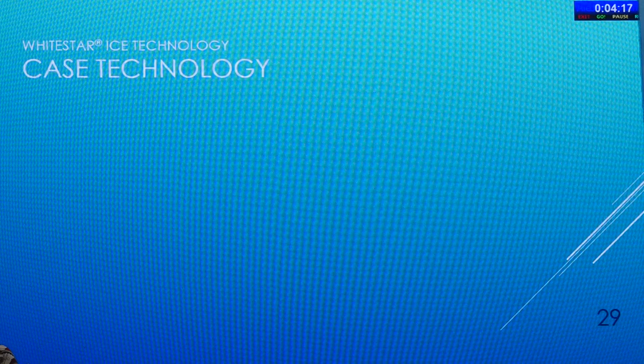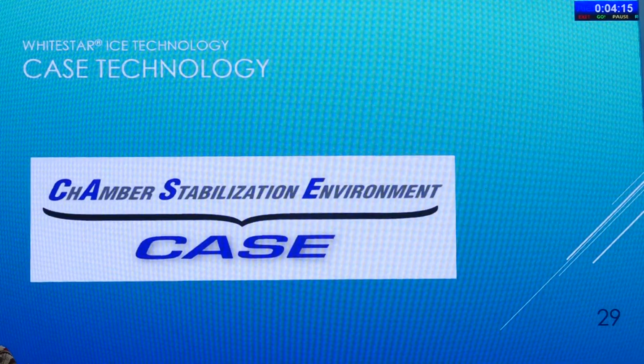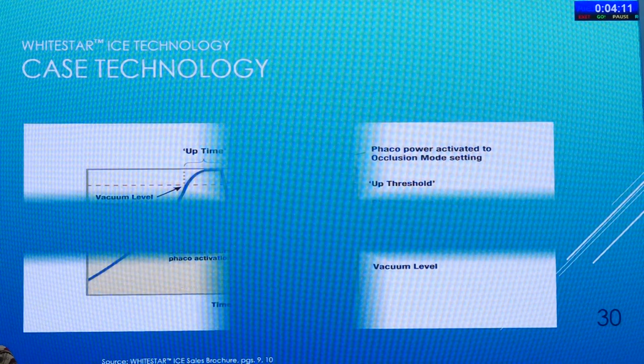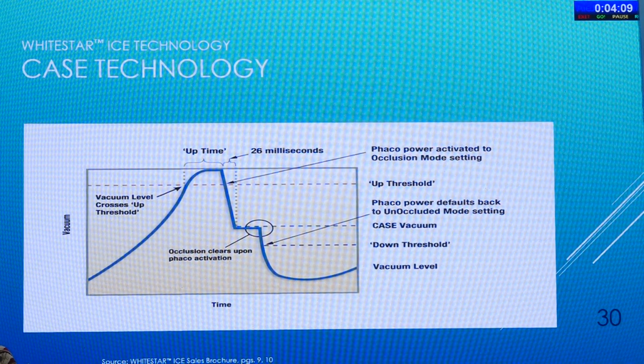The next modification came by the White Star, which is called the chamber stabilization environment, or CASE. What happens in this is that when occlusion happens, the machine senses that the occlusion has occurred, and it decreases the vacuum.